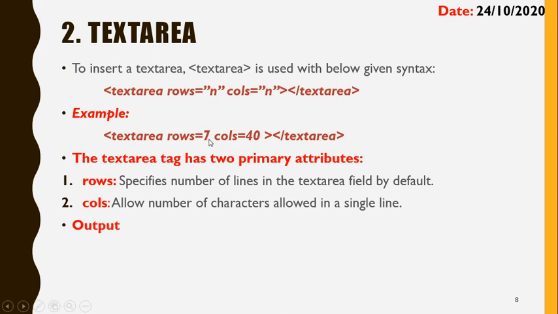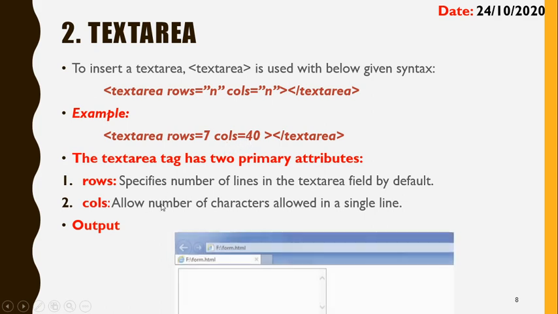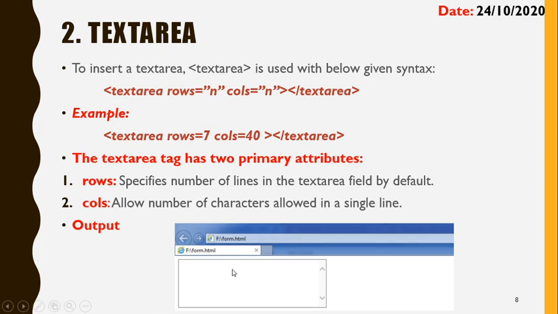Rows is the number of lines of text, columns is the number of characters in one line. When you write this, it will appear like this. It will appear in a bigger size as compared to the text box.